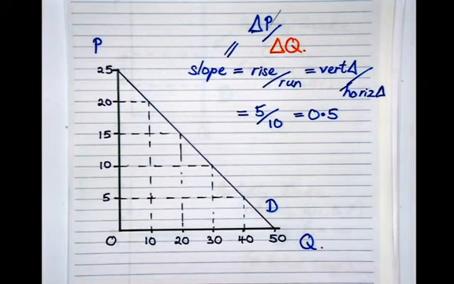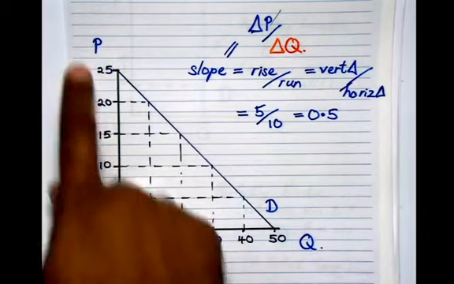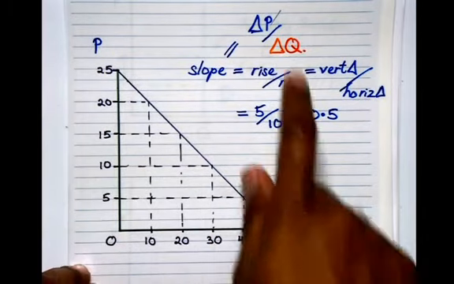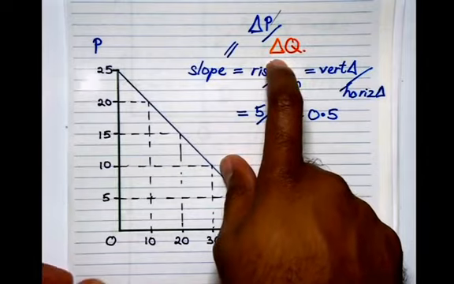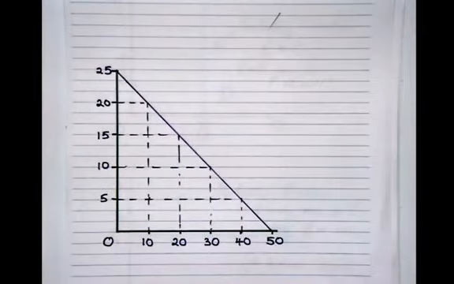Slope is delta P, change in P, over change in Q. Is that okay? Not too hard? Change in the vertical, which is price, divided by change in horizontal, which is Q. That's okay, right? Okay. Now put that aside.